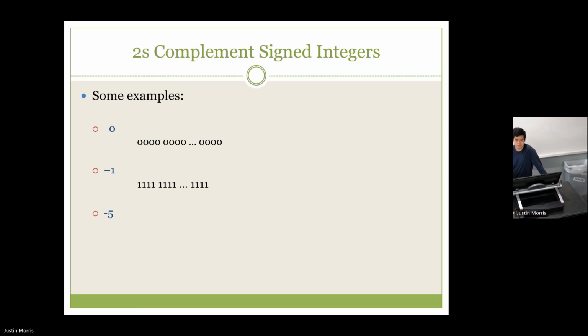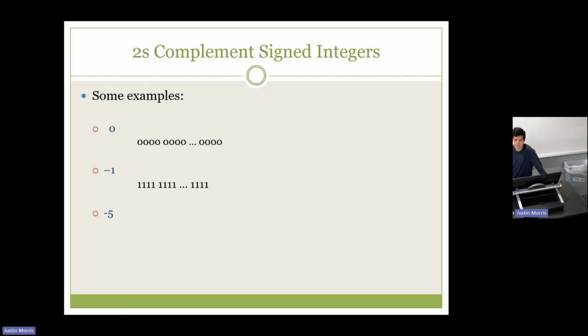Then invert it all. So it was 0 1 0 1, it becomes 1 0 1 0.